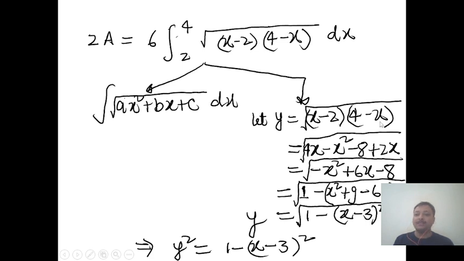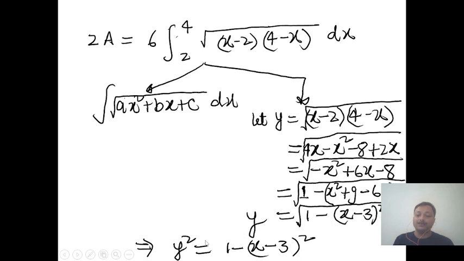Let's open it: you will get 4x minus x square minus 8 plus 2x. Then you will get minus x square plus 6x minus 8 within the square root, and you can write this as the square root of 1 minus (x square minus 6x plus 9). So y is equal to the square root of 1 minus (x minus 3) whole square.